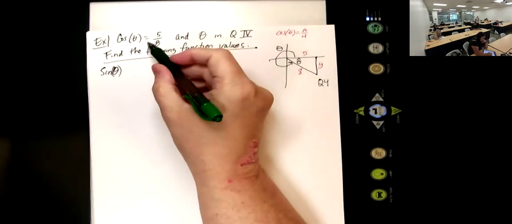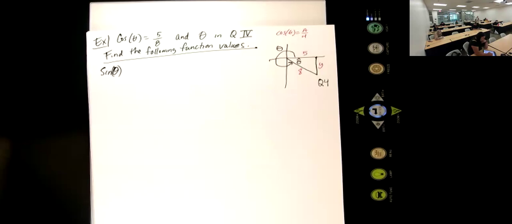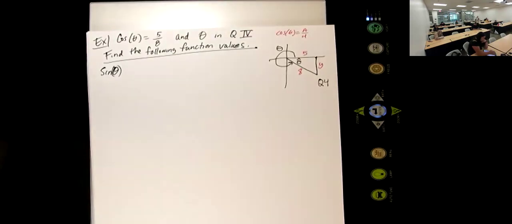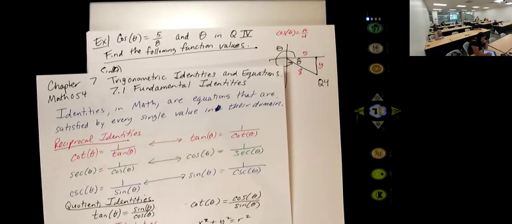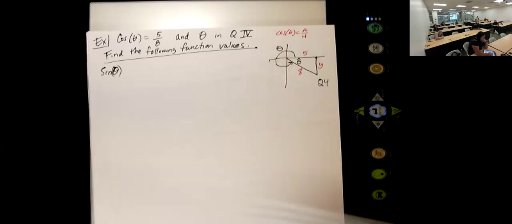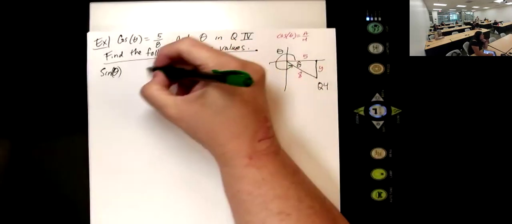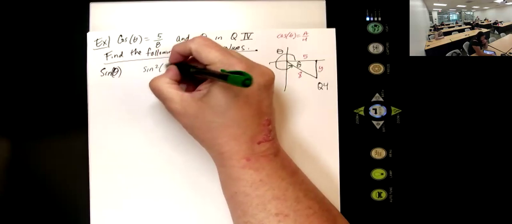So if I have cosine theta and I wanna find sine theta, the idea is to look through the identities we had and ask, do any of them have both sine and cosine in them? And just sine and cosine. It turns out the one we just got done proving, sine squared theta plus cosine squared theta, has both, and that's it.